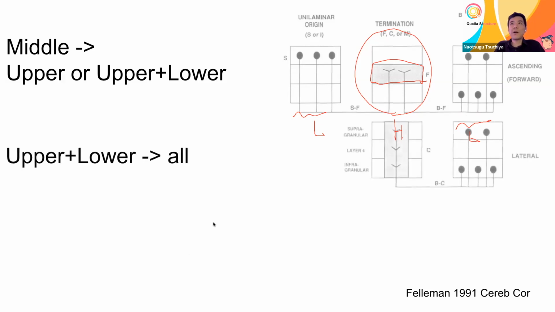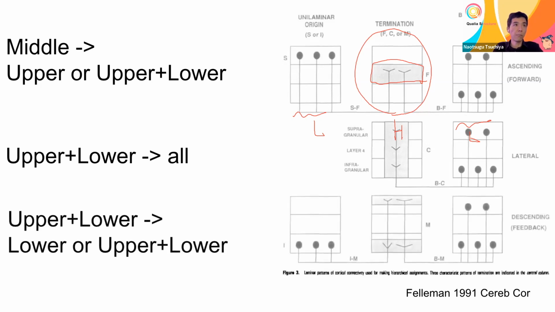And then something similar also happens when you go laterally, meaning within the same level of the hierarchy. Then neurons in either the upper or lower layers project everywhere in the column.